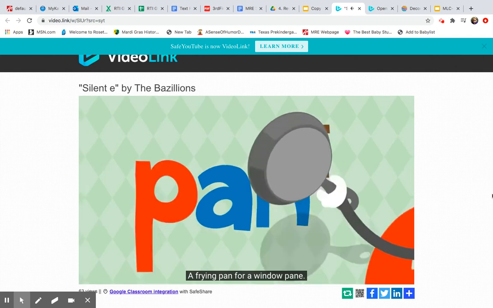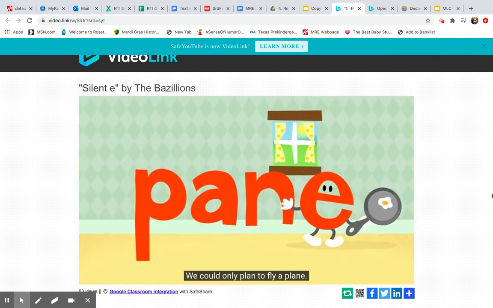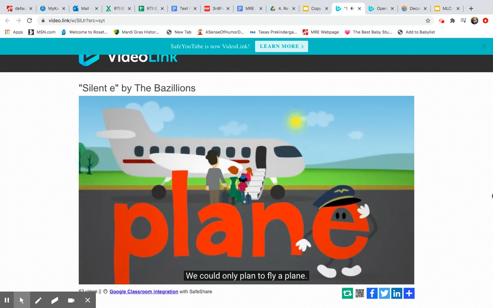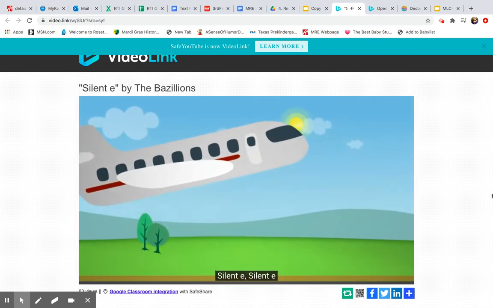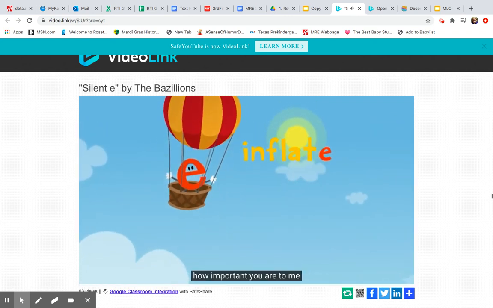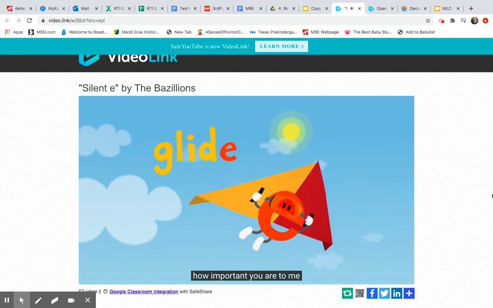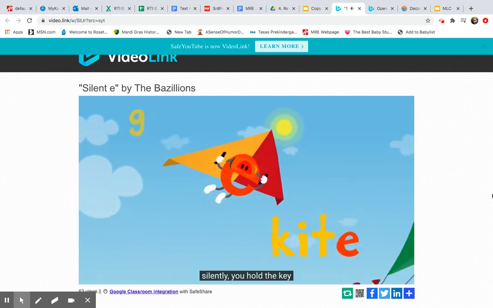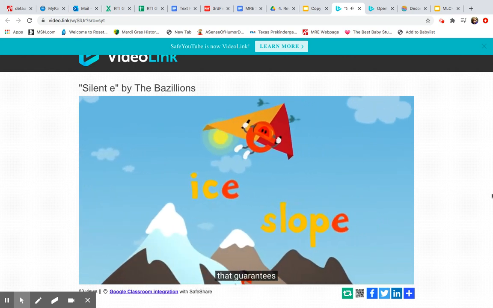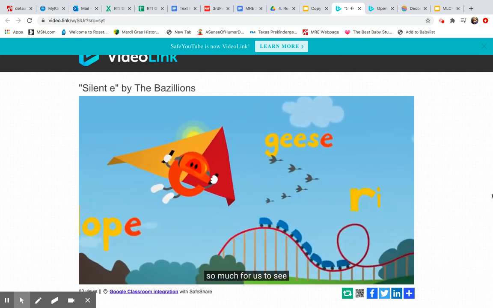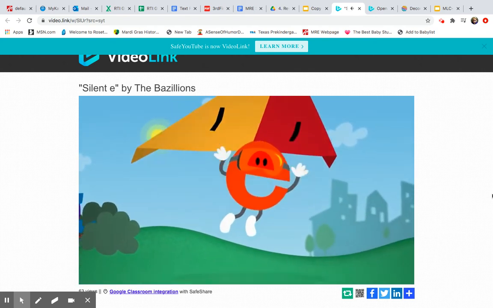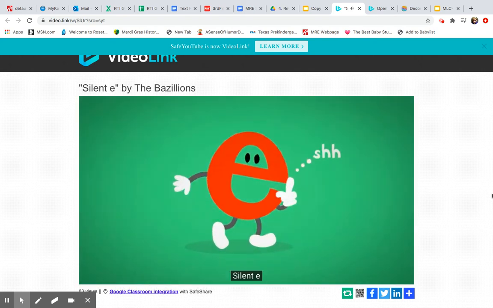A frying pan for a window pane. We could only plan to fly on a plane. Silent E, how important you are to me. Silently, silent E.